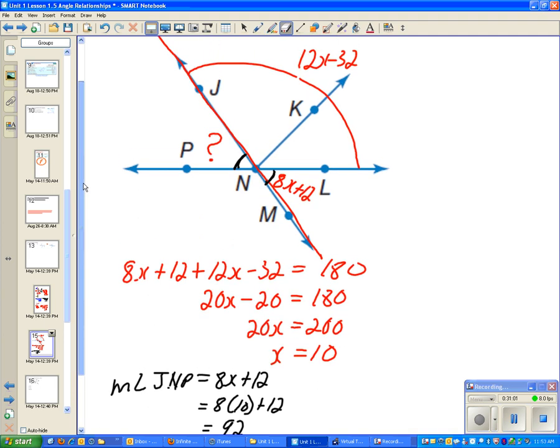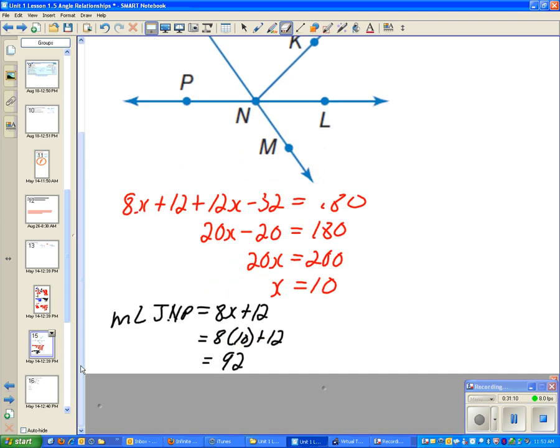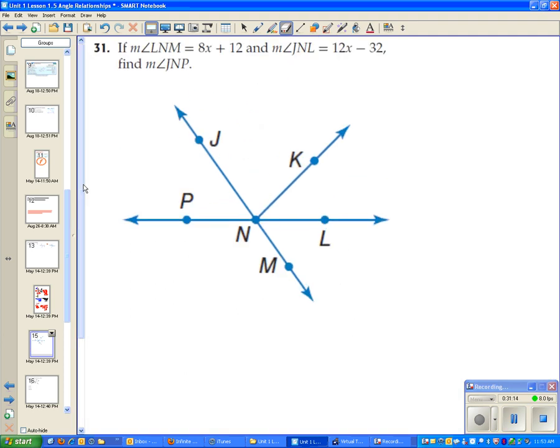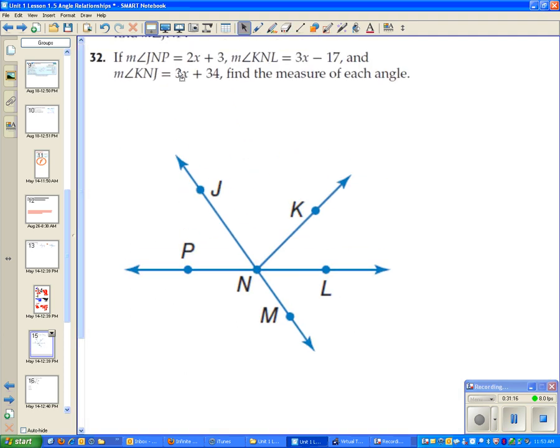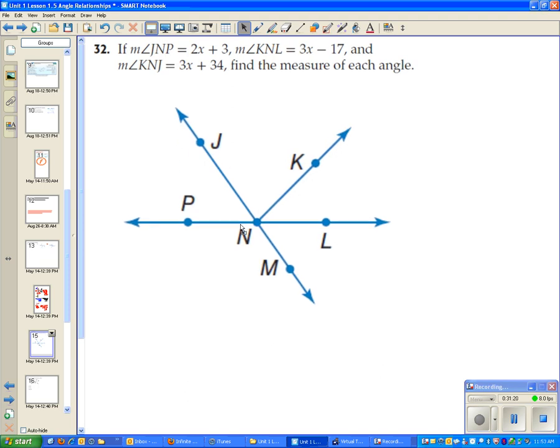Erase the measures you had on your figure, because we've got one more problem to work using this figure. Number 32. All right. If the measure of angle JNP equals 2x, y'all do it.